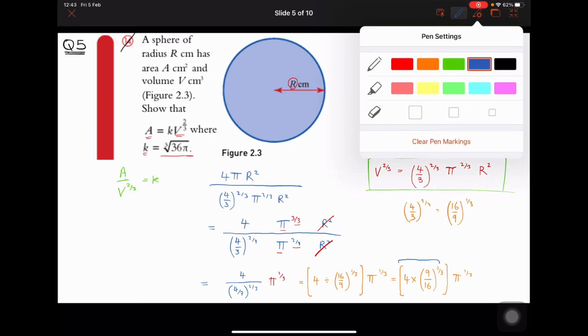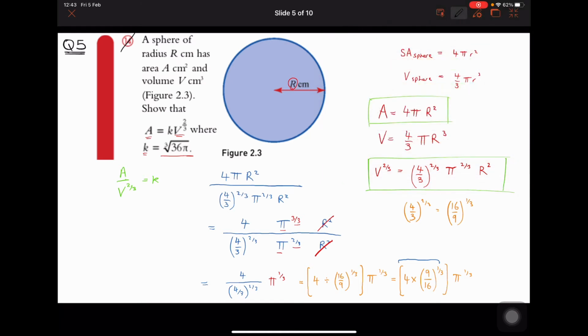So I just want some space somewhere on the page to write this. Multiply the 4 with 9 over 16, and then I'll have one value to the power of 1 over 3.